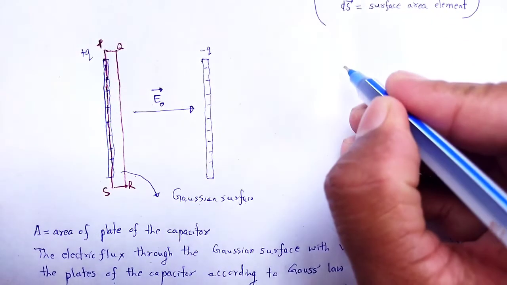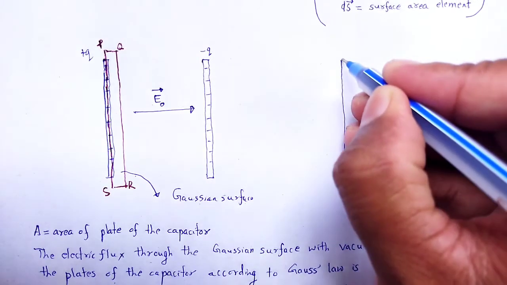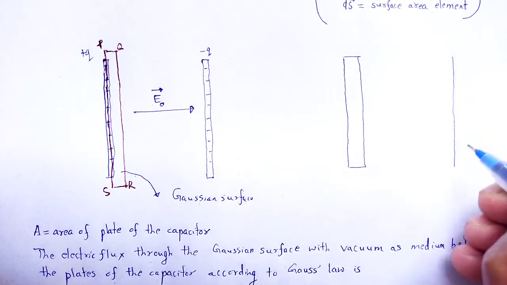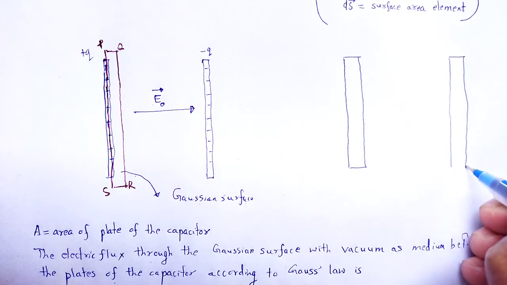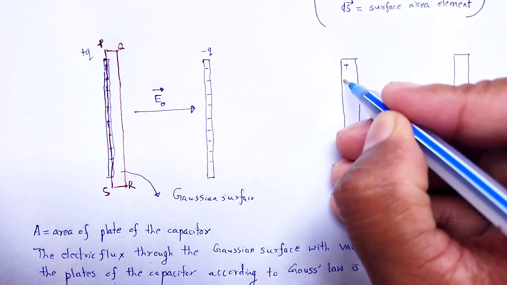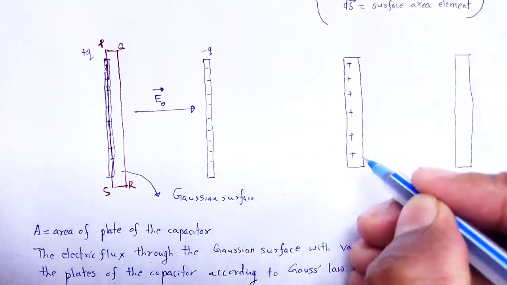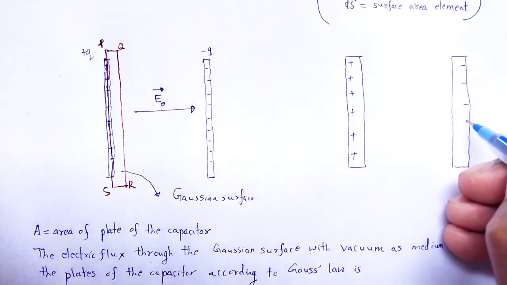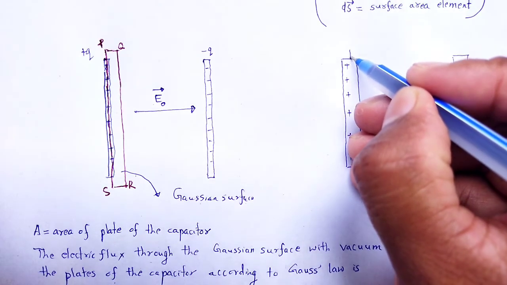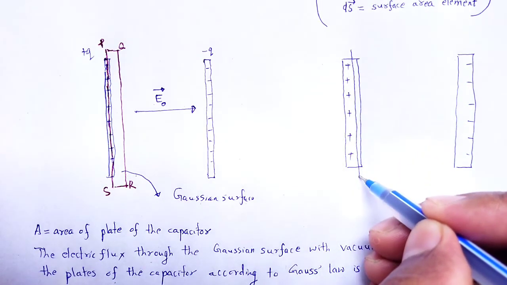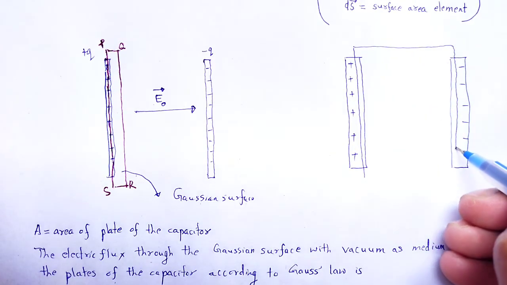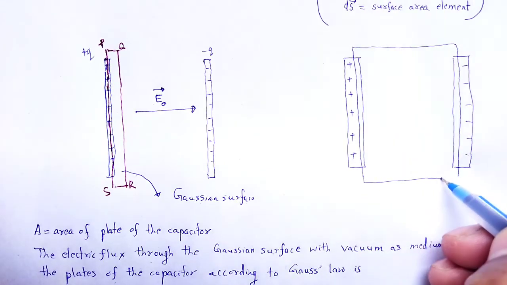Let us take one plate, another plate, here positive charge, negative charge, and a dielectric slab is placed in between the parallel plates of the capacitor.